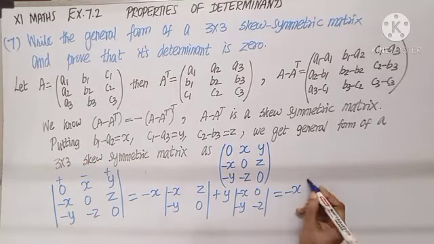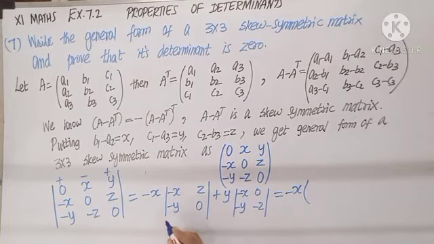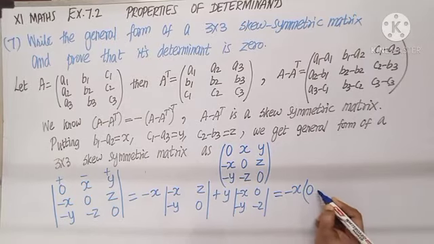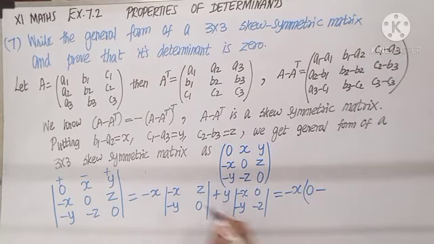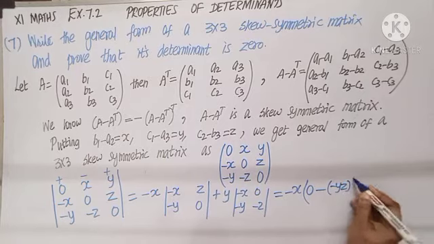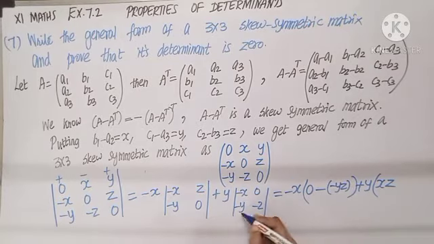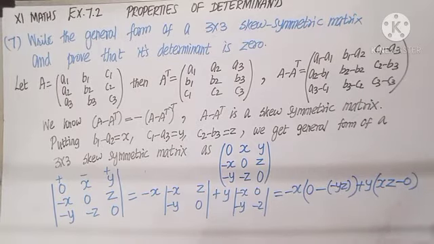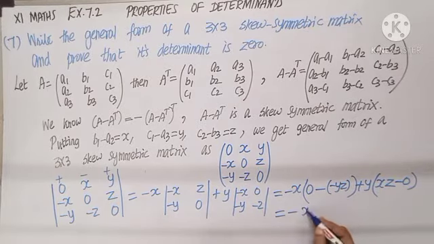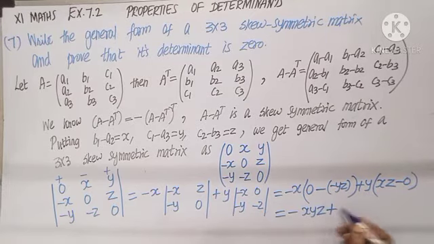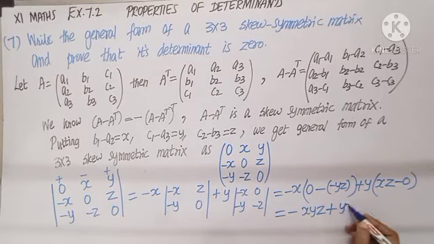As we expand, multiply, multiply and subtract. Minus x into (0 minus y into z), plus y into (minus x into minus z), plus xz. 0 into any number is 0. We get minus into minus into minus, minus xyz, plus y into xz.